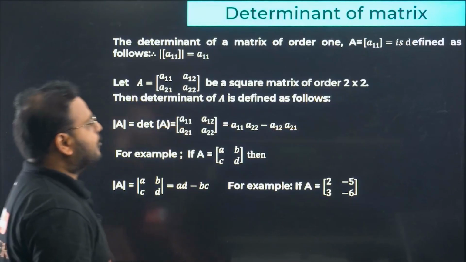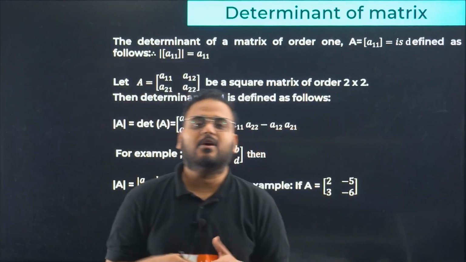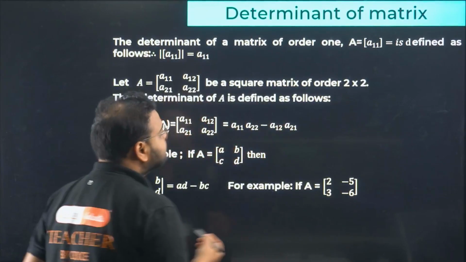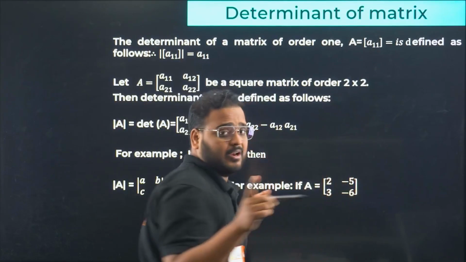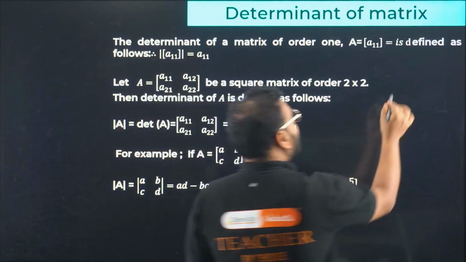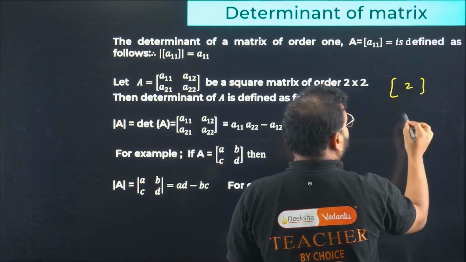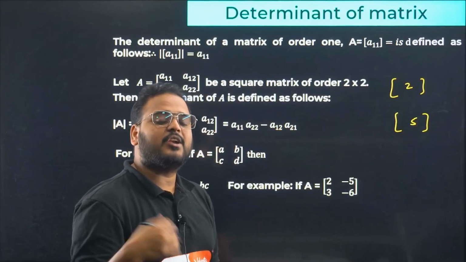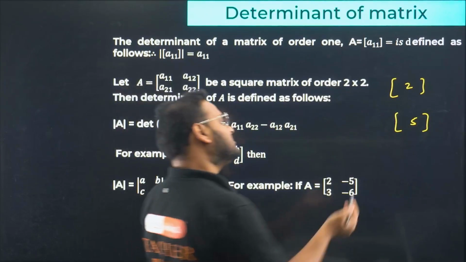Moving on. Now, how to find the determinant of various other types of matrix? For example, we can have a matrix of order 1. Order 1 means 1 row, 1 column, which means only one element, right? So for all these types of matrix, what is the determinant value? Simply the value itself.